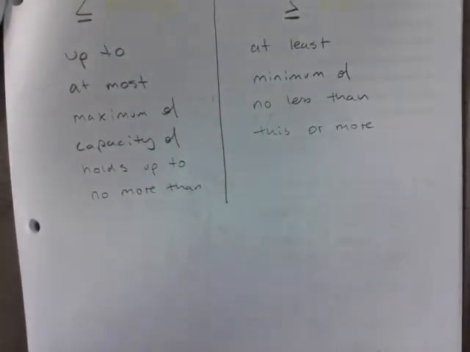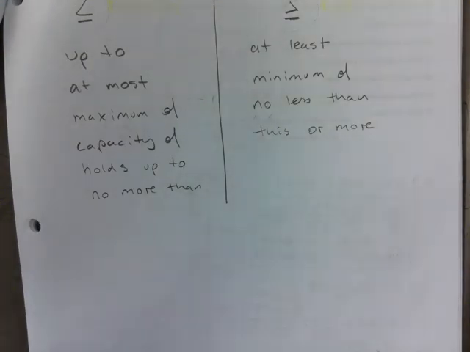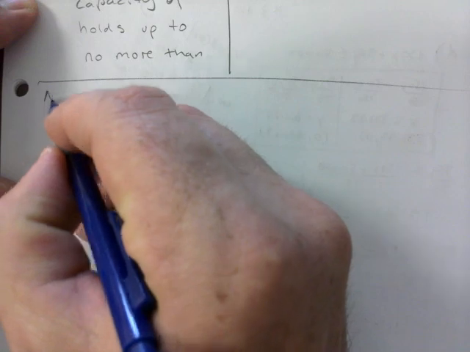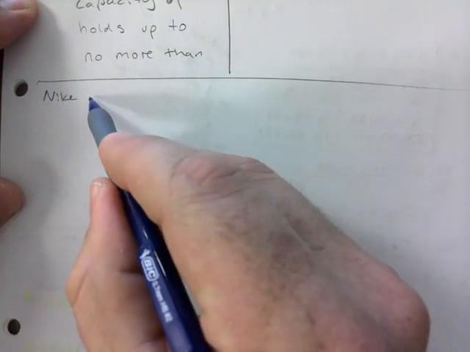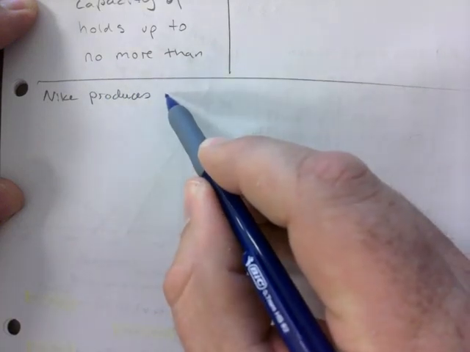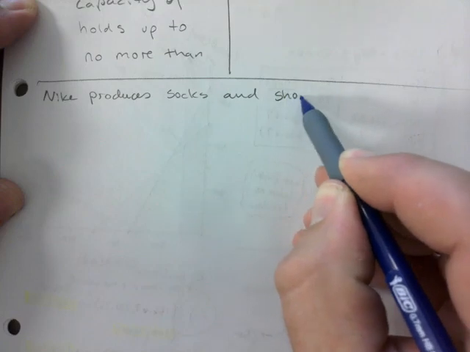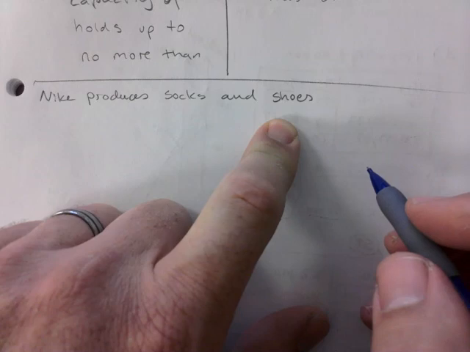Okay, so let's go to 48. That's where I'm going to add this, at the bottom of 48 if you have room. This is a particular plant. I know Nike makes more than that, but Nike produces socks and shoes.